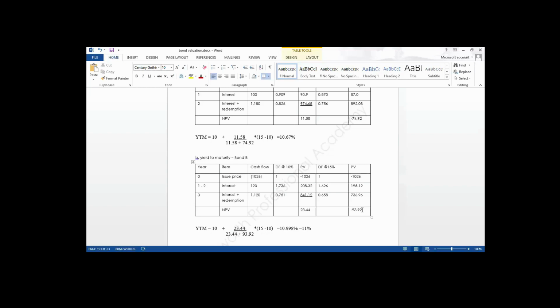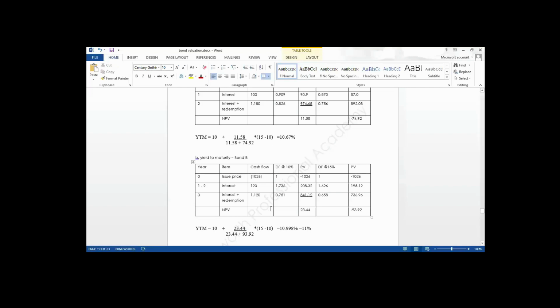You know, the YTM is the internal rate of return of the cash flows, right? Yes. So now, examiner says calculate the YTM of the bond. That means you want to calculate the internal rate of return of the cash flows associated with the bond.